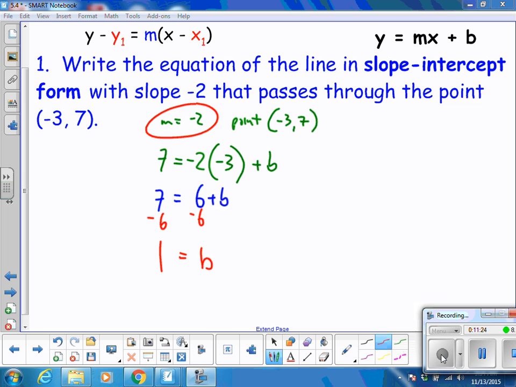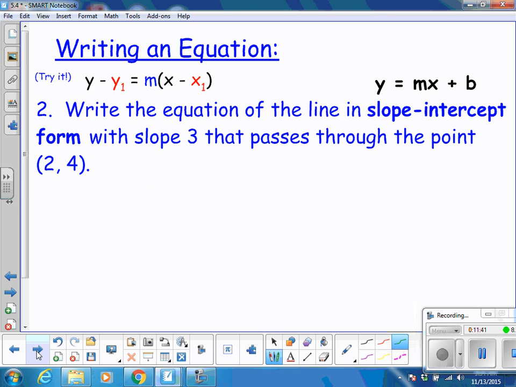So if I know my slope and I know my y-intercept, I then know my equation is y equals -2x plus 1. This being my slope and this being my y-intercept. Press pause and you give it a try. Practice, practice, practice.